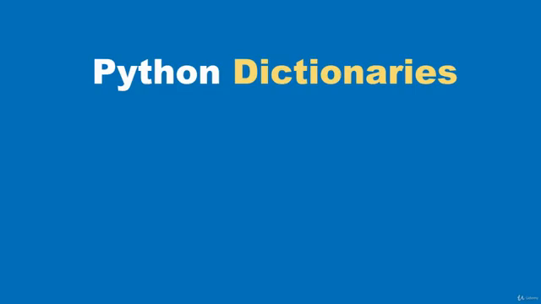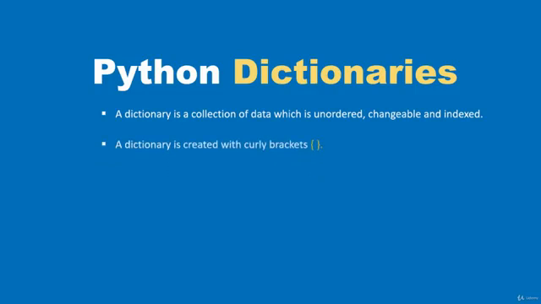Hello and welcome to this video. What is a Python dictionary? A Python dictionary is a collection which is unordered, which can be changed, and which is also indexed. A Python dictionary is created by using curly brackets.